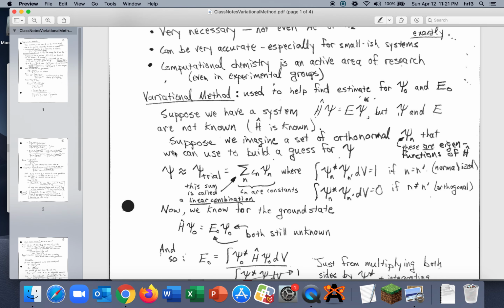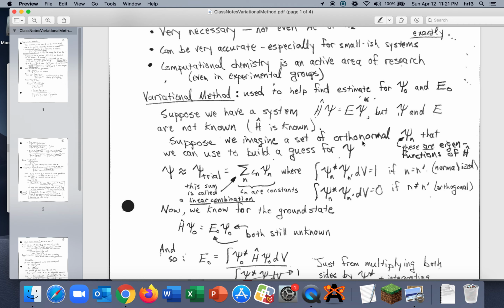Okay, so we're going to say that our wave function is approximately some trial function, which will be the sum over all of the wave functions for quantum number n, each multiplied by a coefficient for each quantum number. So these are just basically constants, which could be small or large depending on how important that particular wave function is in the sum.